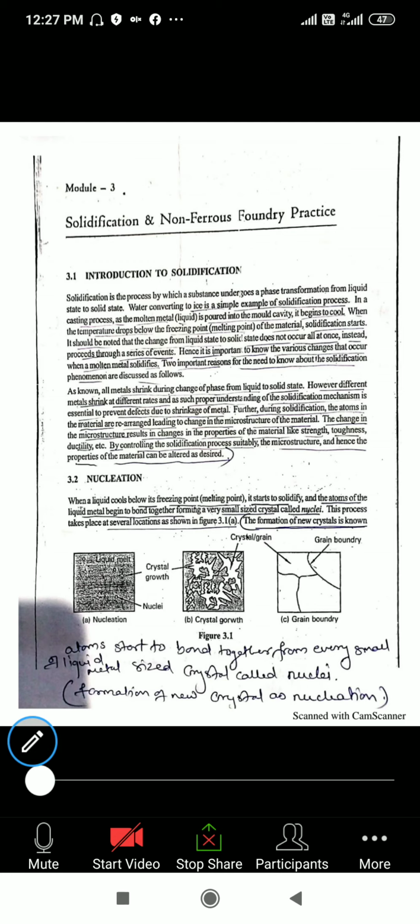In the previous class, we discussed the introduction to solidification: what happens during solidification, what is required for it, and how, when the process is carried out in the molding box or in the casting, the liquid metal starts to convert into solid metal. We studied how crystals are generated, what nuclei are, how they are created, and their types.